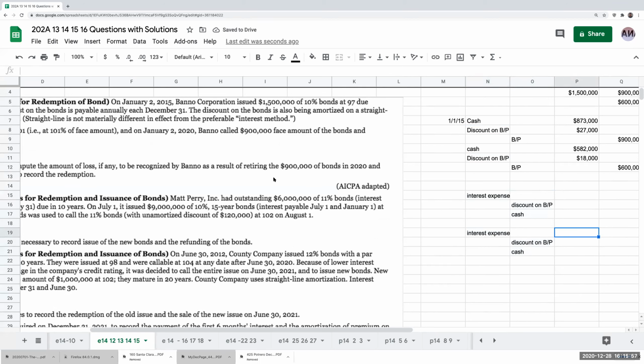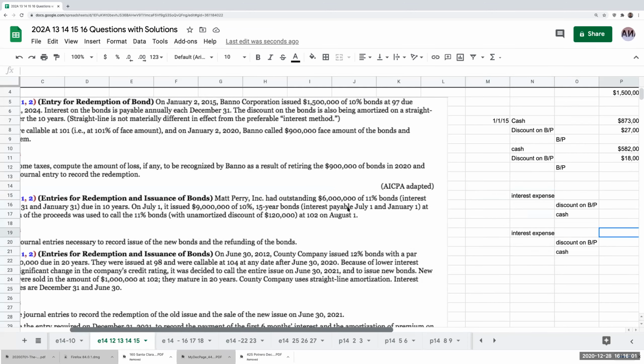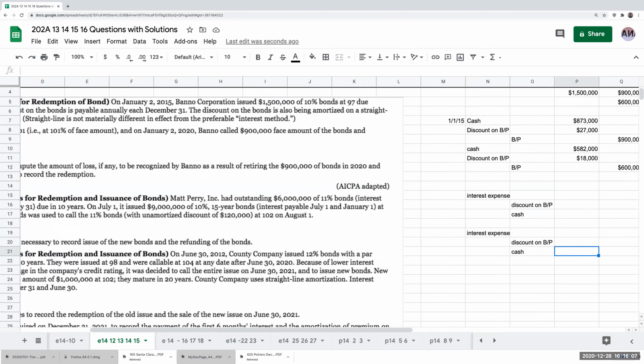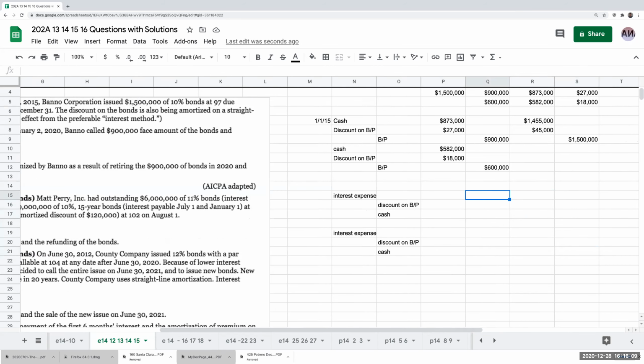Because I'm using straight line for my amortization, I'm going to be dividing this by the number of interest payments. It's 10 years. Let's just do each one of these. For the 12/31/15 payment, the cash I'm paying for interest on this bond is 90,000.